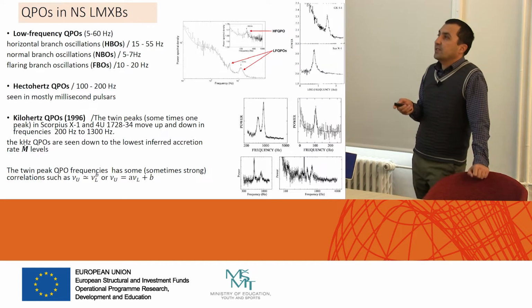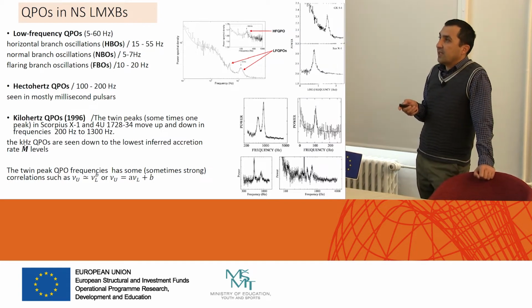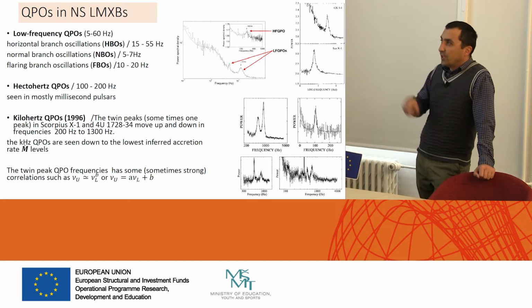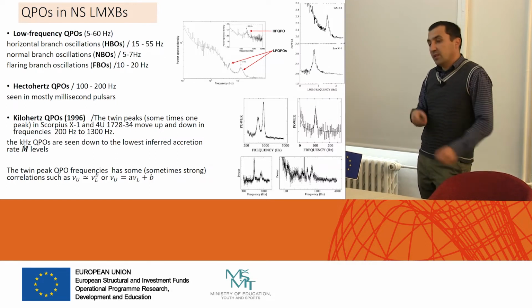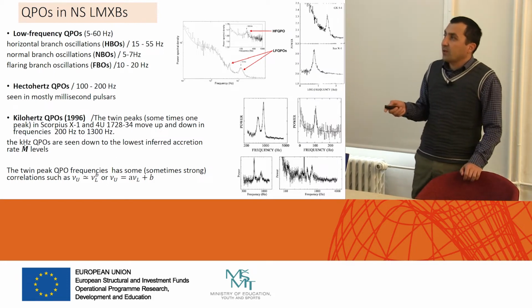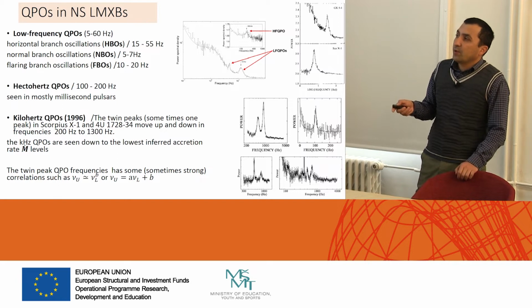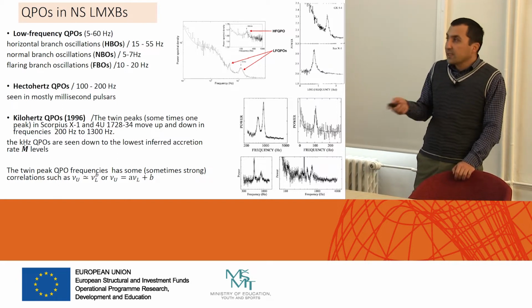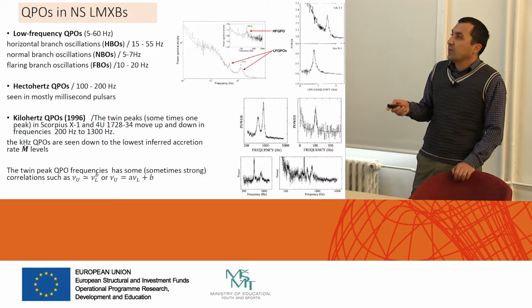In kilohertz oscillations, the mass rate falling to the central neutron star is quite lower than this. Here are some correlations between the upper and lower frequencies in the twin peak QPOs, and some offsets have been classified as a lower frequency in this power law and the linear dependence of twin peak QPOs, the upper and the lower frequency.